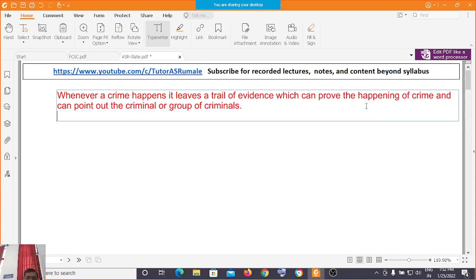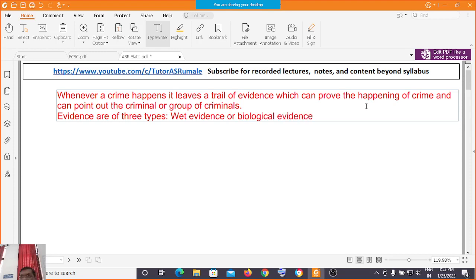Evidence is of three types. The first is called weight evidence, or biological evidence.